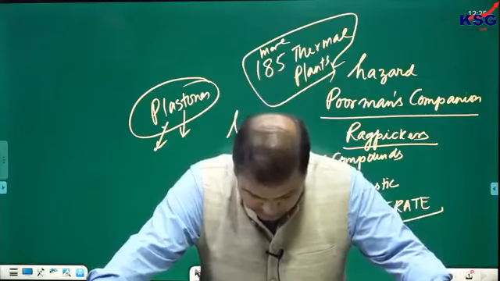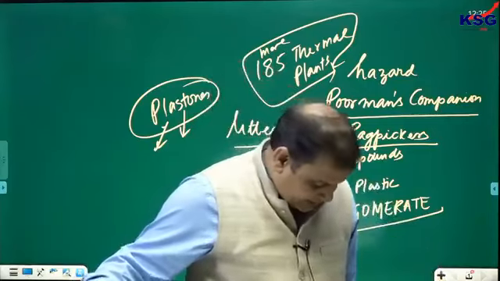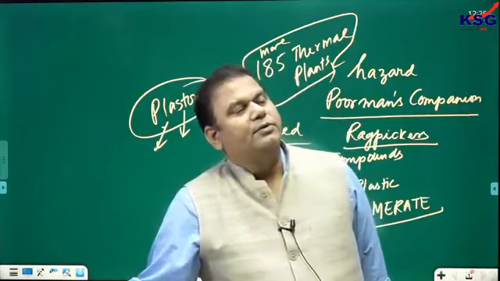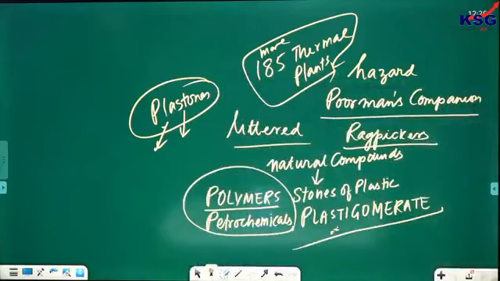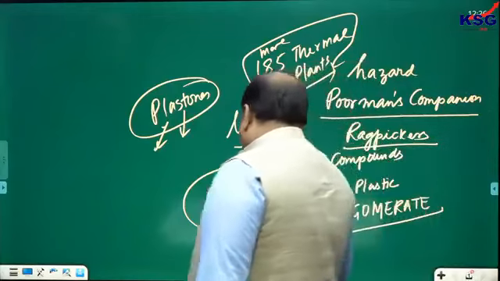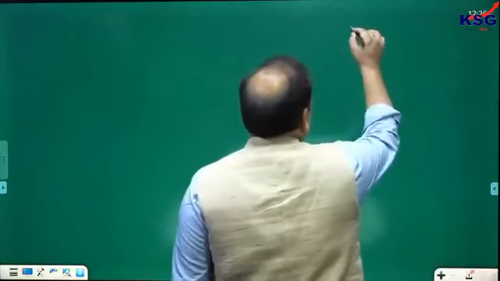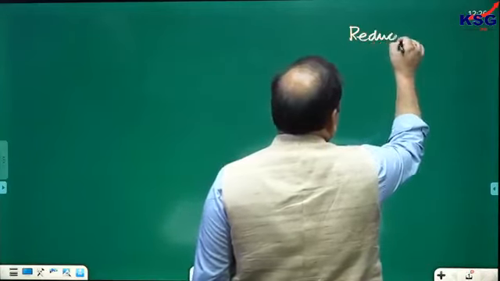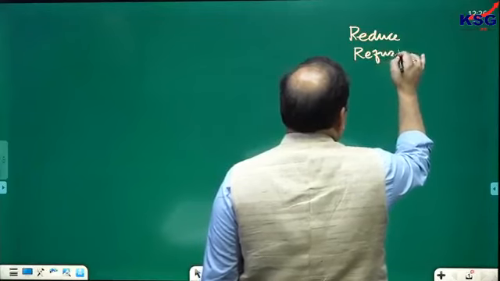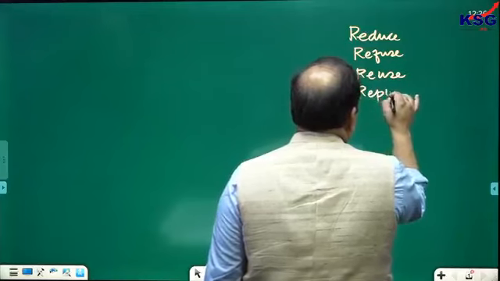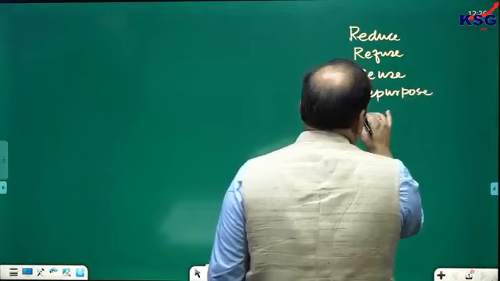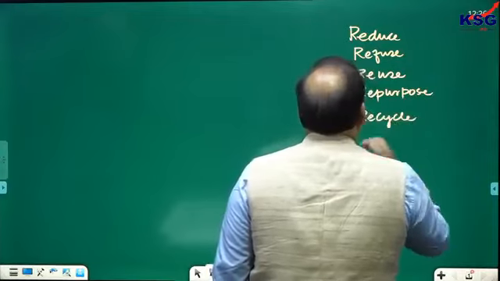Write down: Initiatives. First, the 5R principle can be used for managing plastic, which includes reduce, refuse, reuse, repurpose, and recycle.